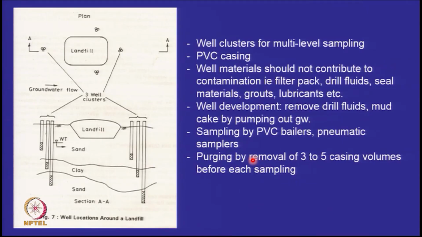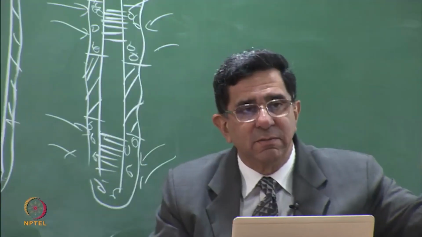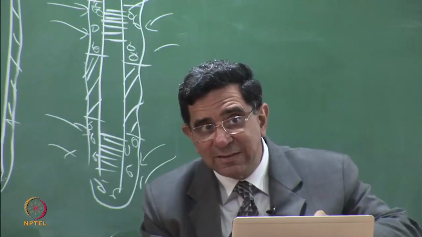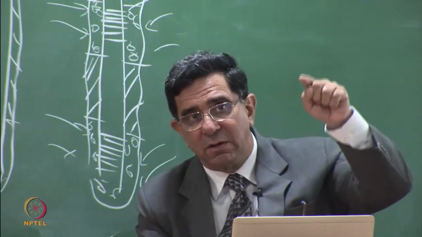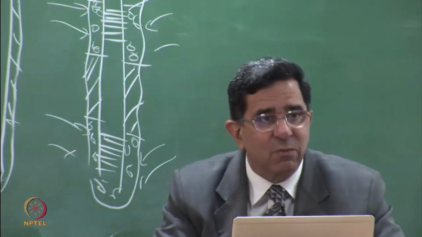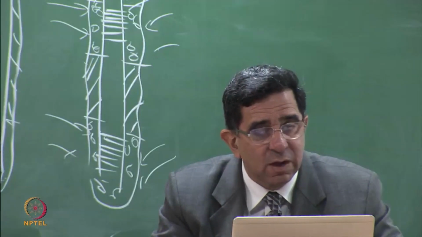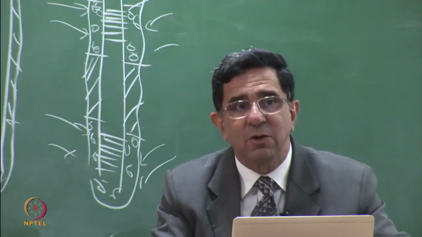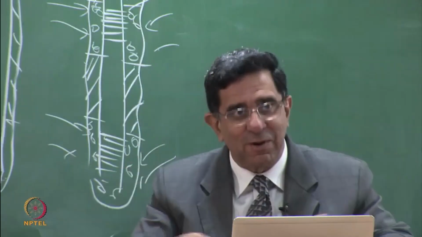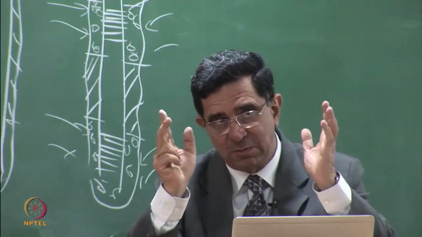You are going to come to this well and say sample every week. So the well will have water to the top. Before you take a sample, you have to remove 3 times that water, 3 to 5, because that water which has been stagnating in that well inside that tube is not the representative water. You take it out once, it will fill up again. You take it up again, it will fill up again. 3 times you purge it.